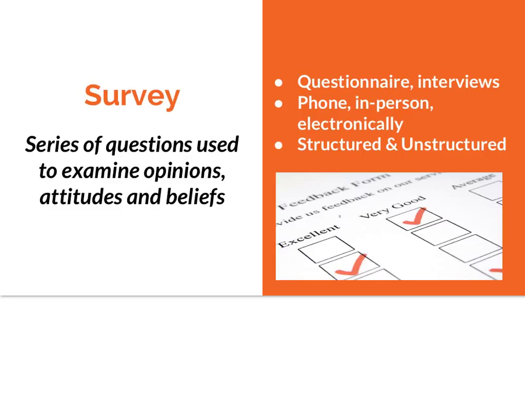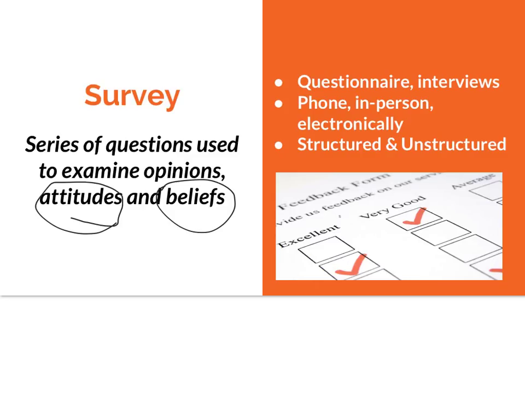And very, very important, guys, you use surveys to examine or study or measure attitudes and beliefs. At the very beginning of our course, we clarified that these are mental processes, right?